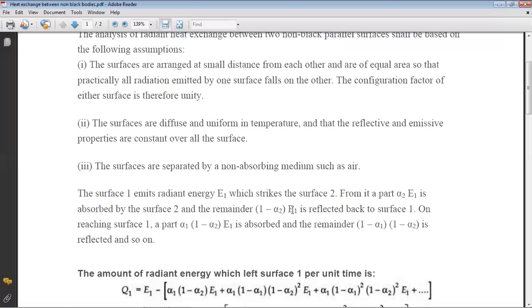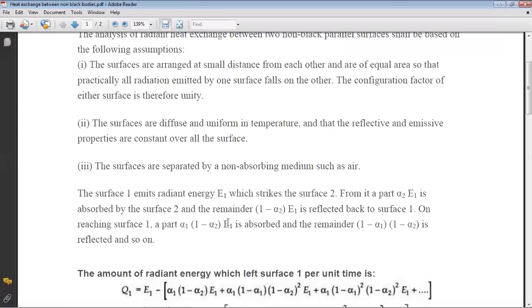On reaching surface 1, it can absorb alpha 1, which is the absorptivity of the first surface, so that much only it can absorb, out of 1 minus alpha 2 into E1.